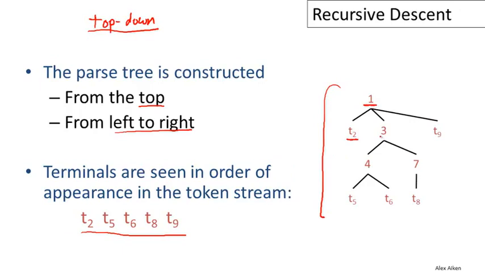But then if we have a non-terminal in the next position, that will be number 3. And then if that has children, well, the leftmost one, because we're going left to right, will be the 4th thing to be generated. And then let's say that the 2 children of number 4 are both terminals, so that will be the next 2 terminals in the input, and so on. The next thing that will happen is the second child of number 3, and then the last 2 terminals appearing in left to right order.